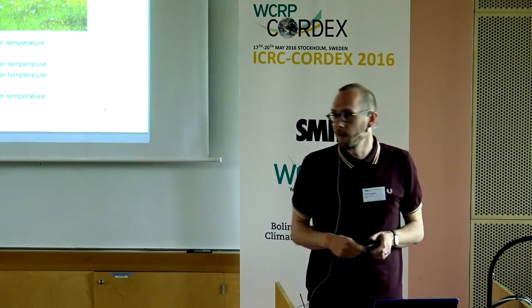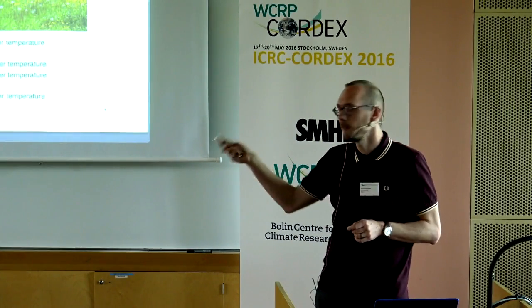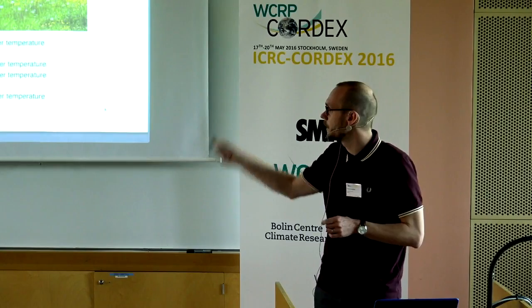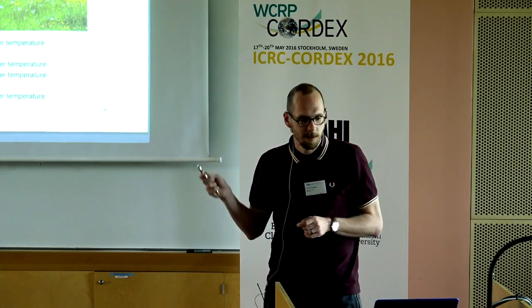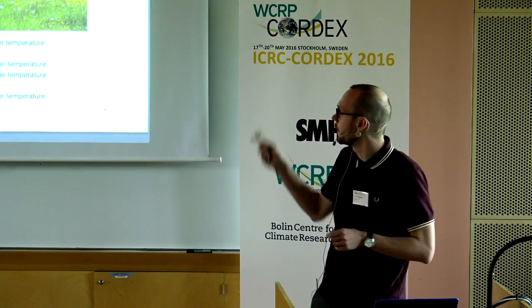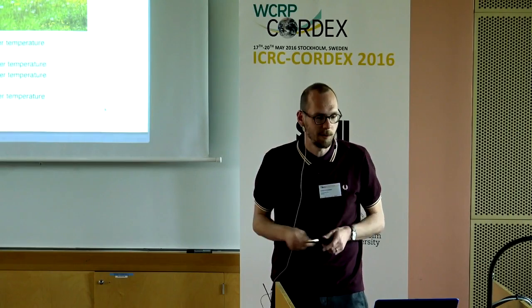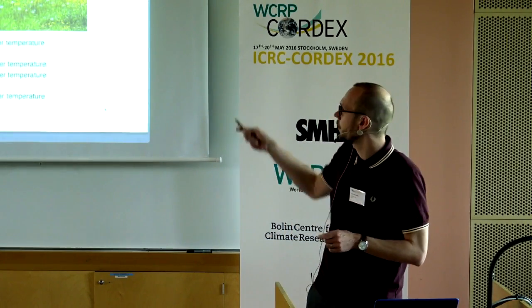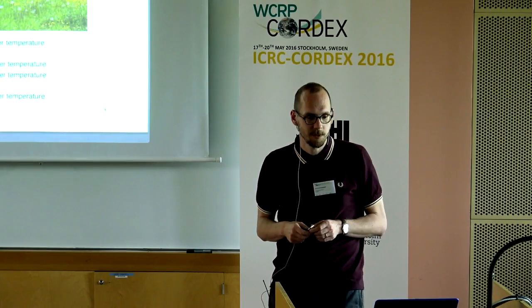So if we, for example, remove forest, in the case of deforestation, we get higher albedo, which would give lower temperature, and we get less evaporation, which would give higher temperature, and the other way around for afforestation. So it's not clear what the effect will be if we do such changes.